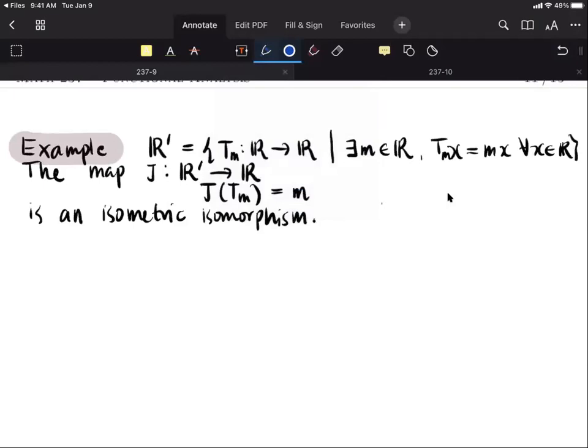In particular, the dual space is isometrically isomorphic to the space R. This is in fact valid for general Hilbert spaces. And we will discuss this in the succeeding lecture.